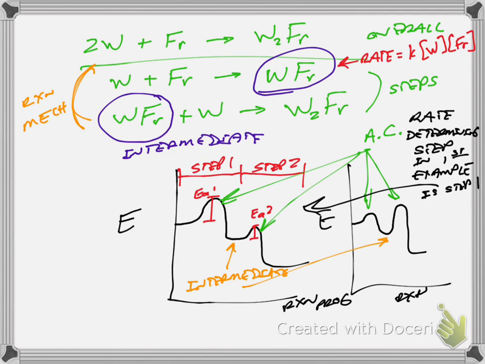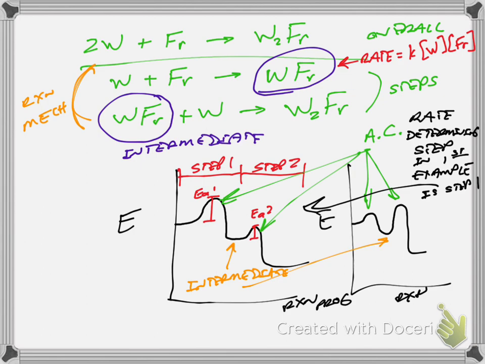So in this example, is the first step slow? Yes. Therefore, if this reaction mechanism is correct, if it's possible that it's the way the reaction is actually progressing, then the overall rate law must agree with the rate law of the rate determining step because it's the first step.